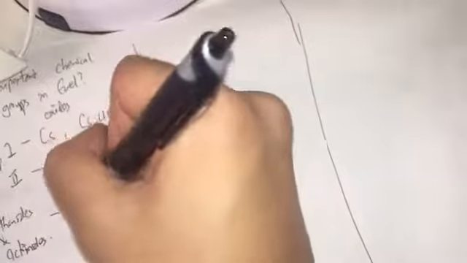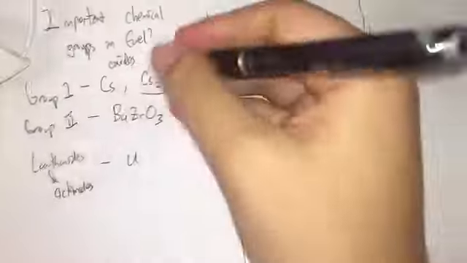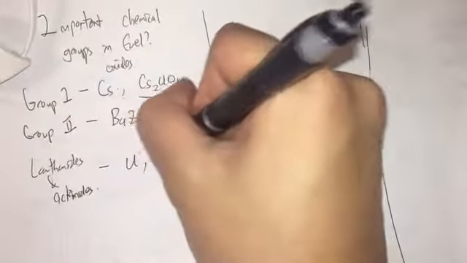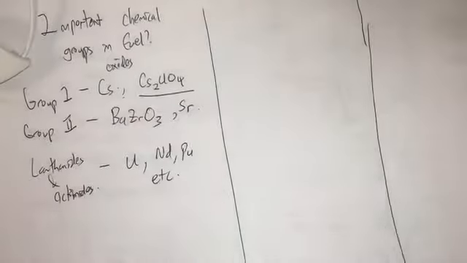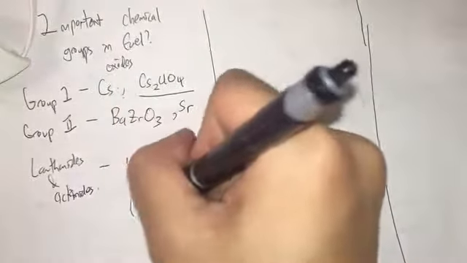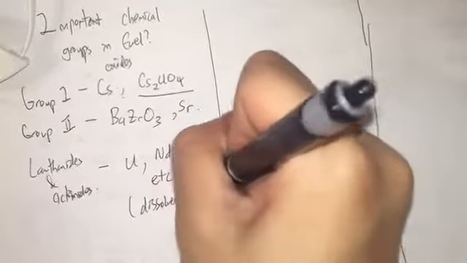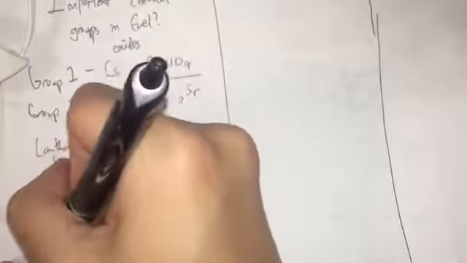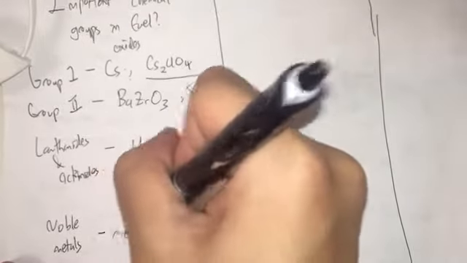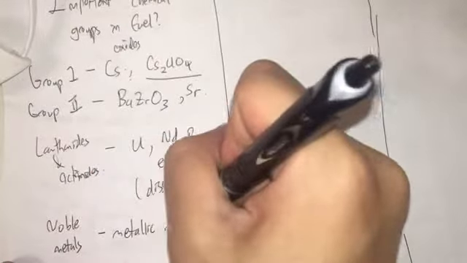So these are the uranium, the neodymium, the plutonium, etc. These are dissolved in UO2. Next you have noble metals. They'll form metallic inclusions.